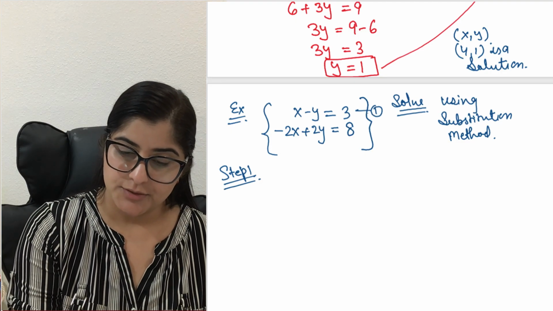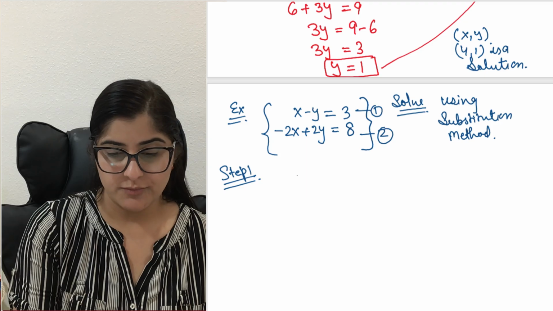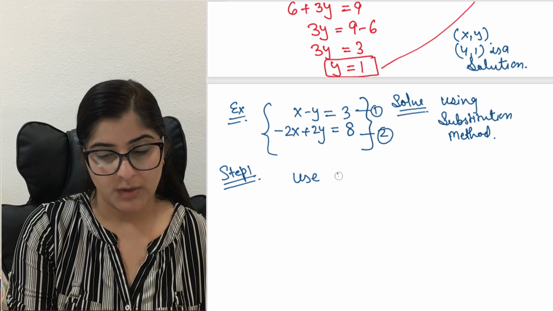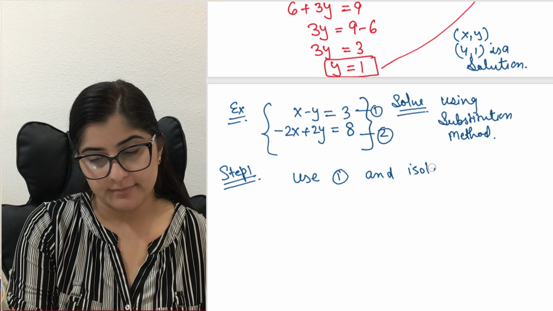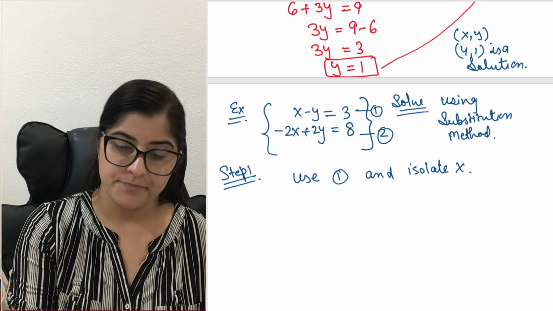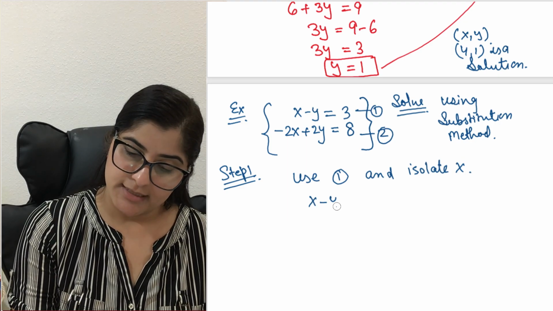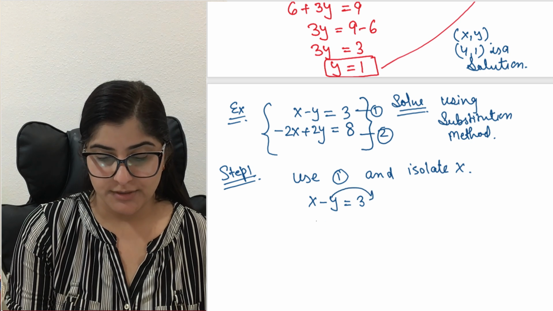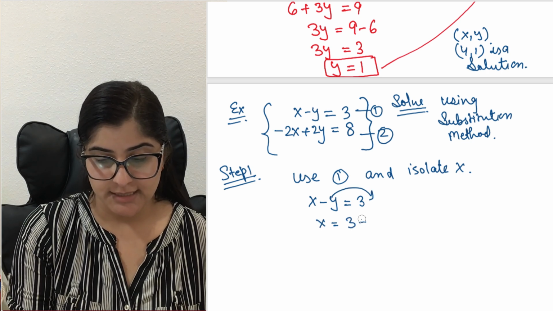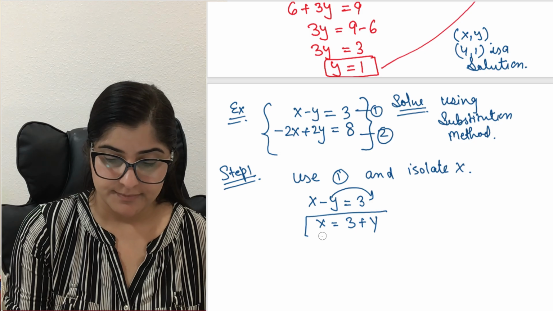This is equation 1, this is equation 2. We are going to use 1 and isolate x again. So it is x minus y is equal to 3. Move this y to the other side to isolate x.